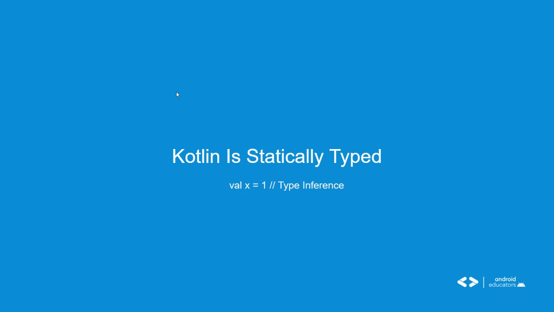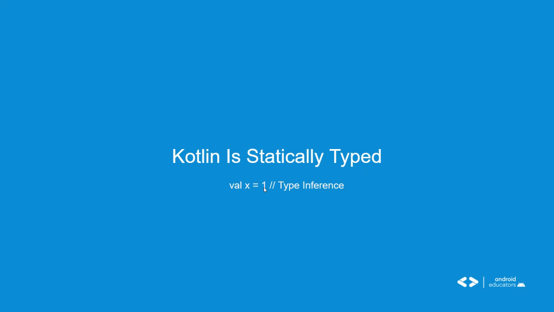Also, there is one extra advantage in Kotlin: the Kotlin compiler uses type inference. What type inference is basically, when you create a variable in Kotlin, you don't need to provide the type when you are declaring it and providing a value. For example, you can see here there is a val x1.